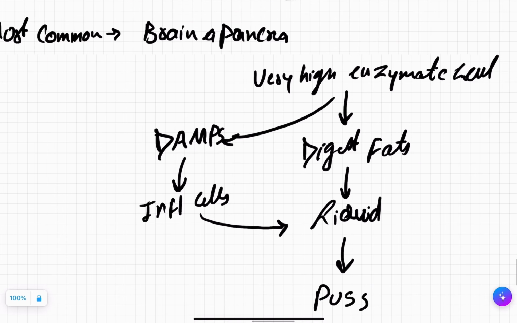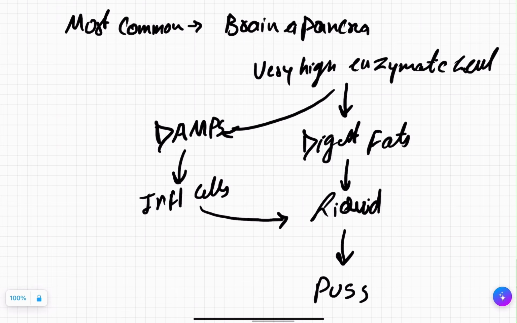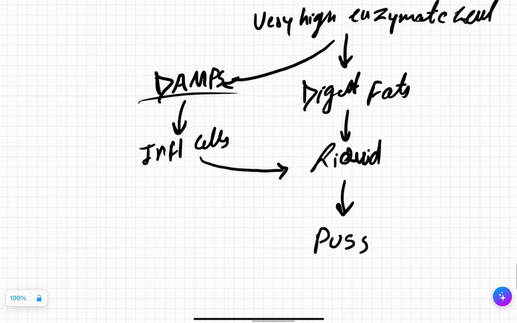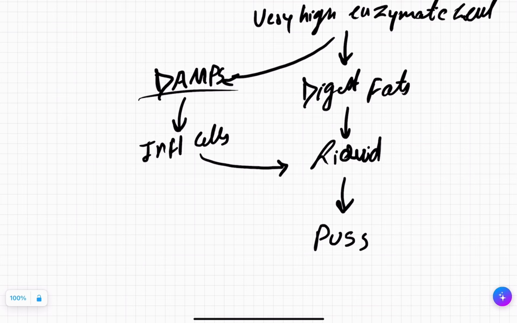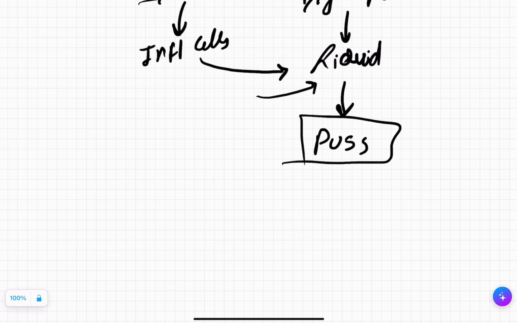So where it started: brain and pancreas, they are rich in enzymes. They digested fat, liquid was released. At the same time, the cell was destroyed, death associated molecular patterns were released, inflammatory cells were attracted. They came to remove this liquid, and this is known as pus. As you study Robbins, everything is mentioned there. Got it?